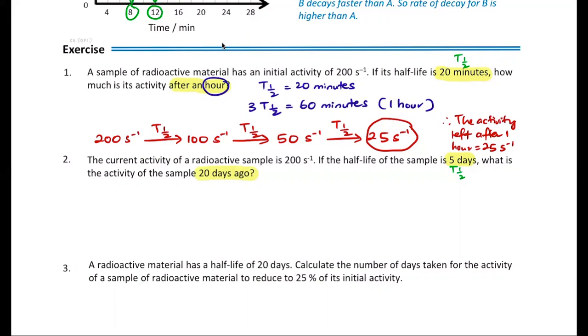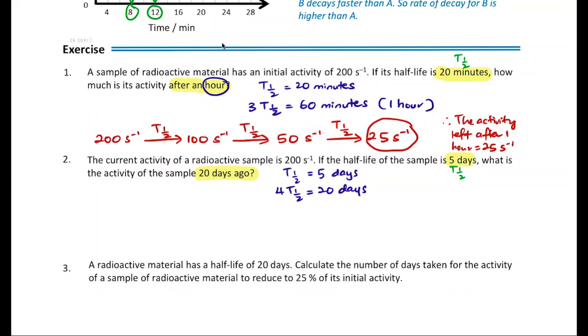Okay, so we start with the knowledge of the half-life. We have 1 half-life is equals to 5 days. Now 20 days means that 20 you divide by 5 means 4 times half-life. So 20 days ago, what if you do the calculation like this?